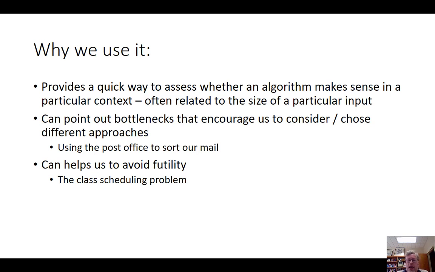Typically, we're talking collections and we're worrying about how big the collection is, so it's often related to the size of a particular input. You can use it for more specific things, like if you have a complicated arithmetic expression, you could come up with a Big O for that, but that's not normally how it's used, and that's not how we're going to do it.